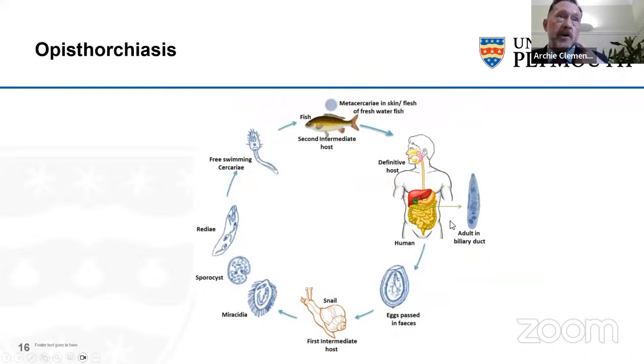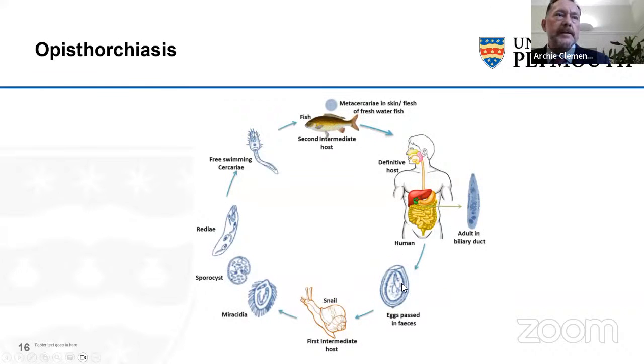And it causes fibrosis and inflammation and secretes carcinogens that can result in liver cancer. And so as a result, particularly in northeast Thailand, you see the highest rates of liver cancer in the world related to chronic infection with this parasite.